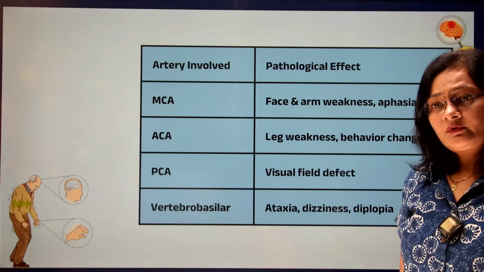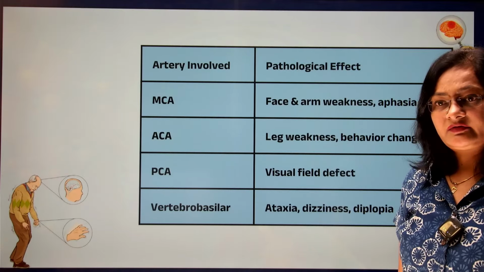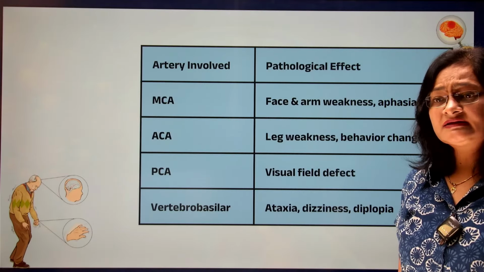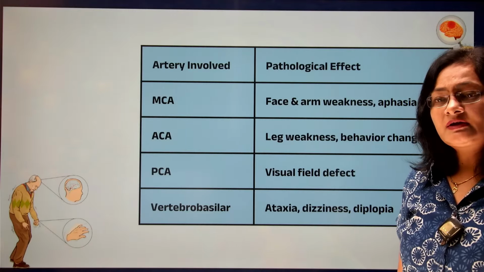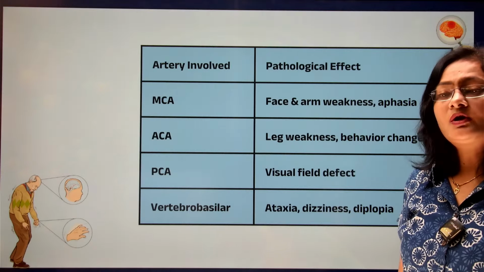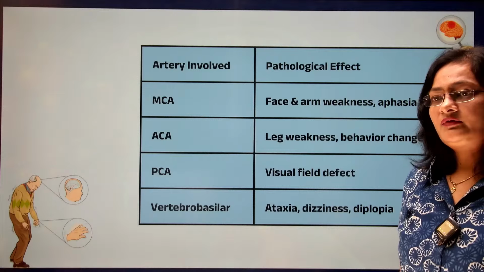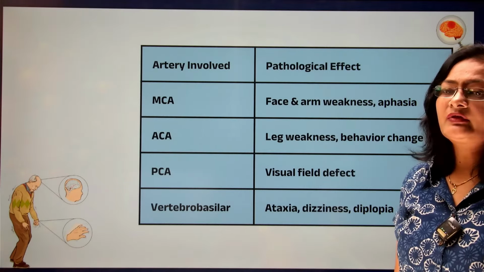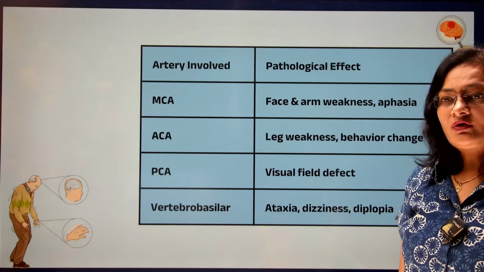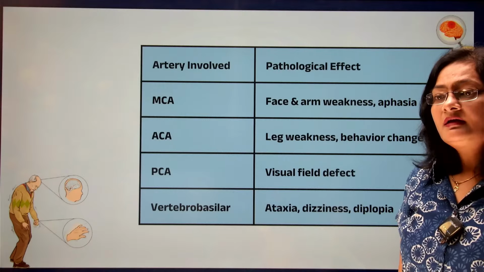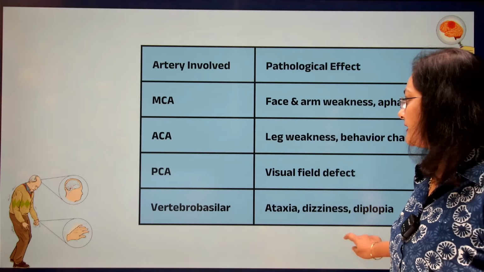When branches of the vertebrobasilar artery are affected, clinical features are confined to a particular extremity. But when the main artery, the vertebrobasilar artery, is involved, it will result in ataxia, dizziness, or diplopia.